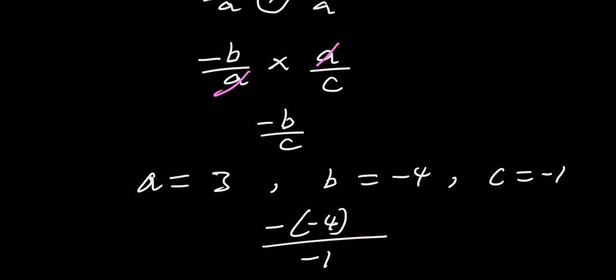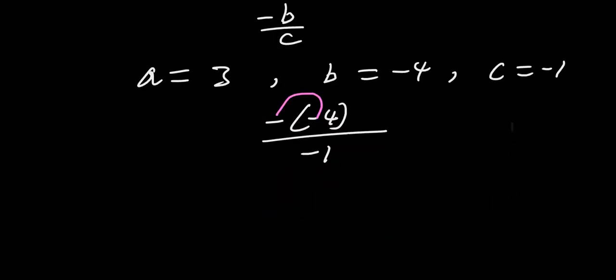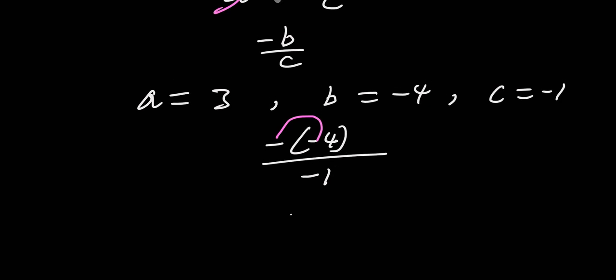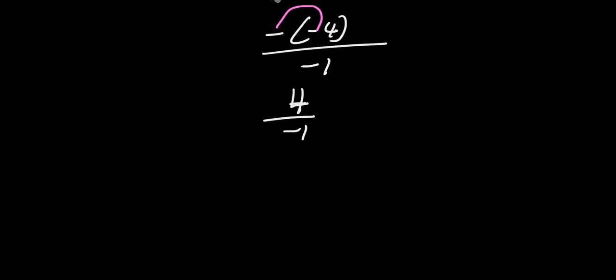And this negative will multiply this negative, and that will become positive 4. So now we have positive 4 over negative 1, and positive 4 divided by negative 1 gives you negative 4. So this is the final answer to this question, and I hope it makes some sense.